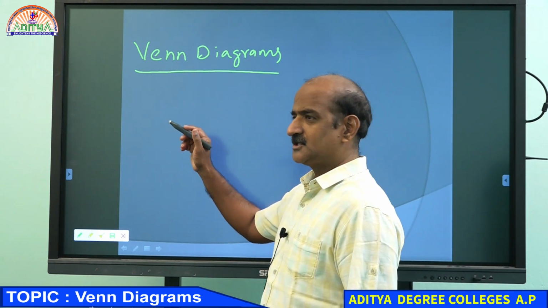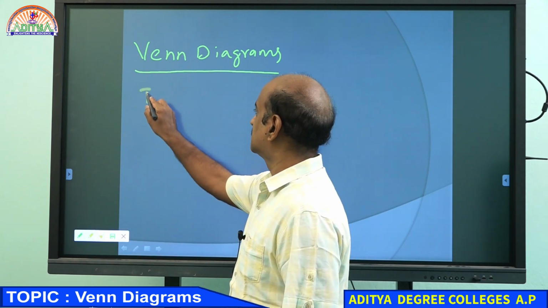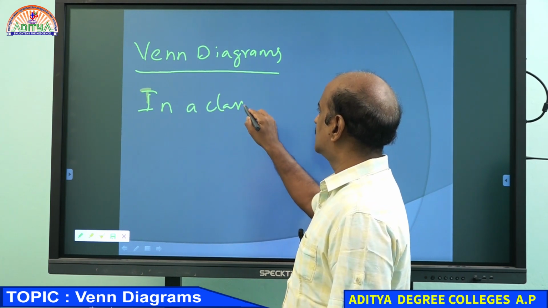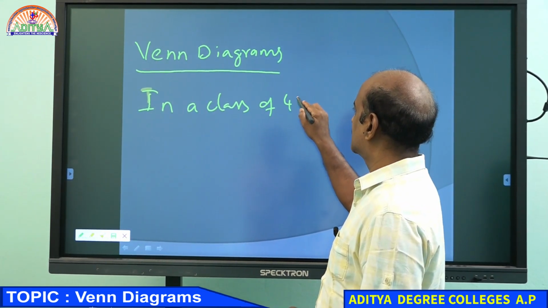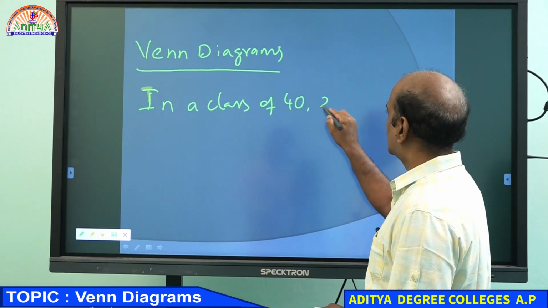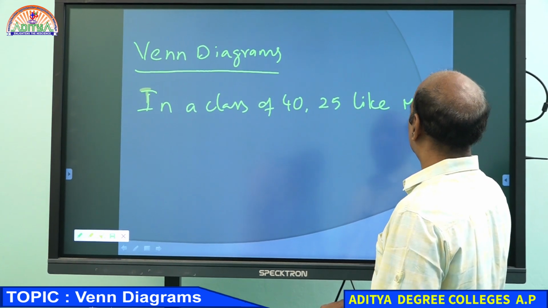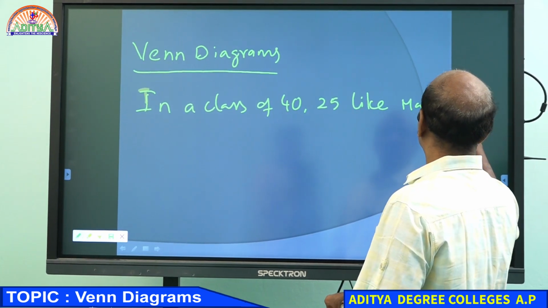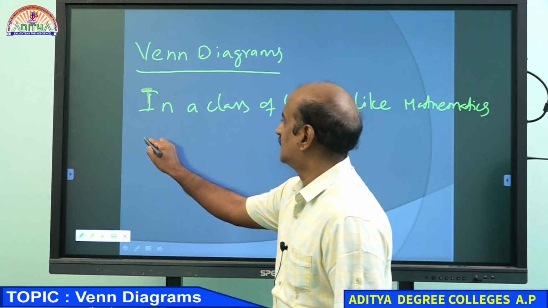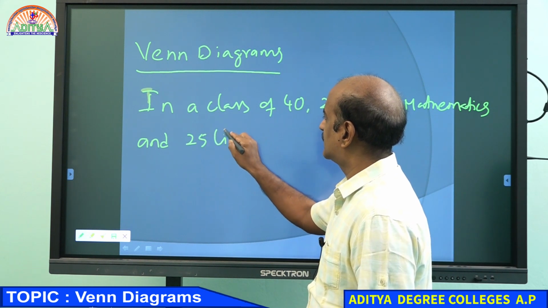For example, students, if I say that in a class of 40 students, 25 like mathematics, and 25 like English.